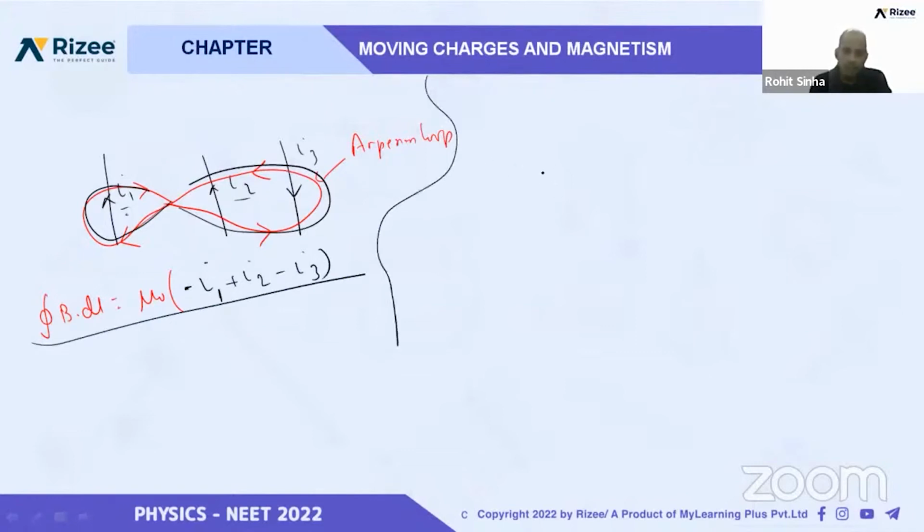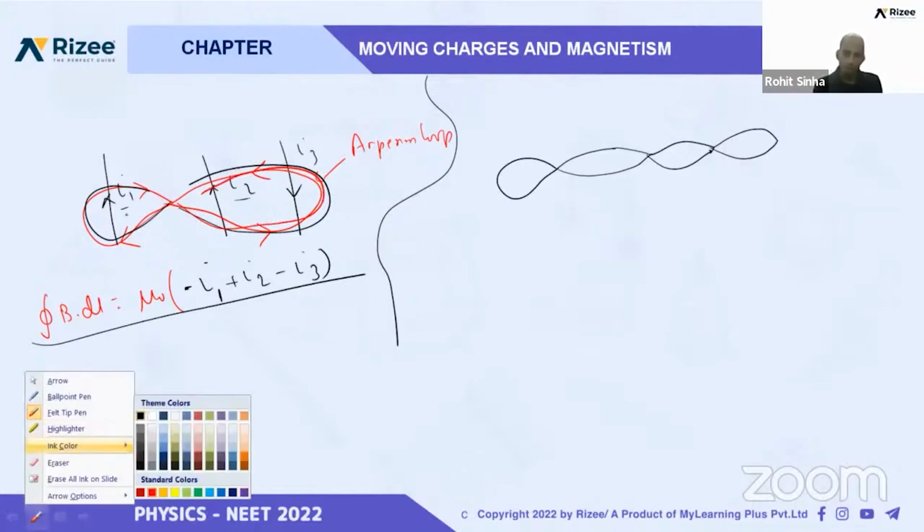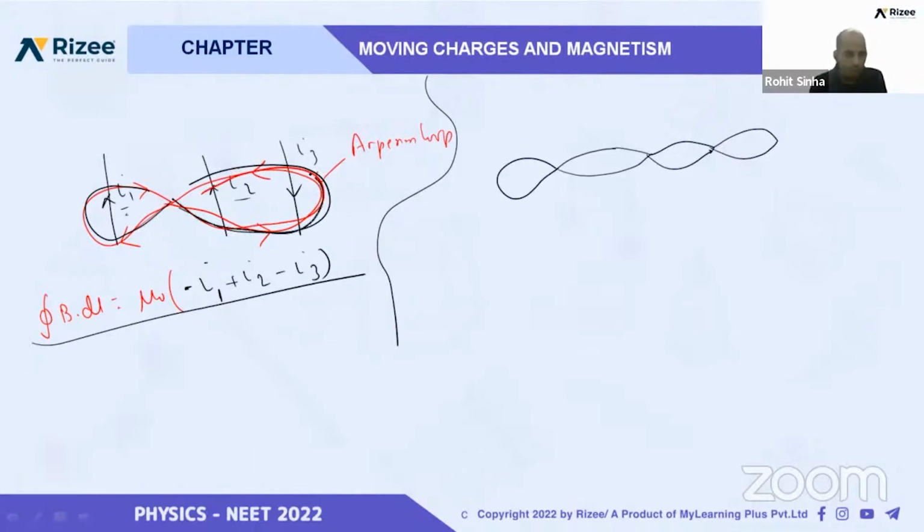Are you confused or understanding? I will tell you again. Once you have decided the direction of the loop, either it is given in the question or you decide on your own, curl your four fingers in the direction of the loop.